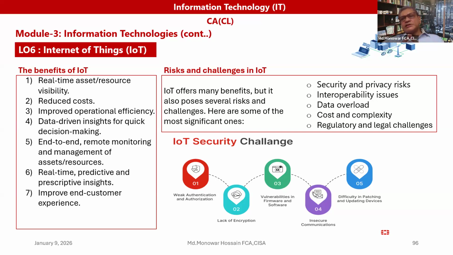So data overload can be possible, the same data in different storage. And cost and complexity: most risky here, because we have to use devices that can be costly. And connectivity can be a complexity, networking. And regulatory and legal challenges can happen within these types of risks of IoT.